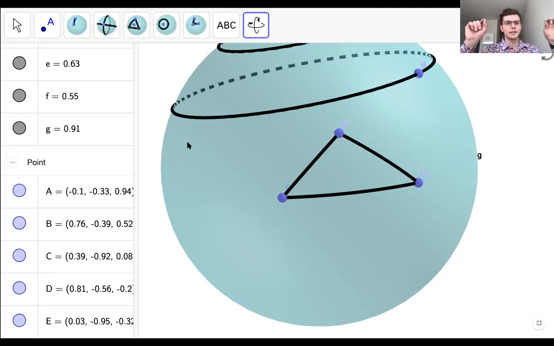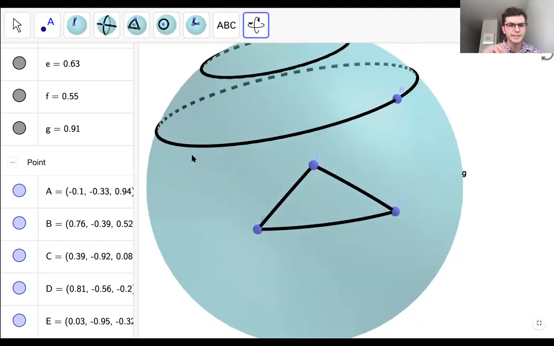The idea is that something like light, right? Usually when you think of light, you think of it as traveling along a straight line. But strictly speaking, you should think of light as traveling along what's known as a geodesic.